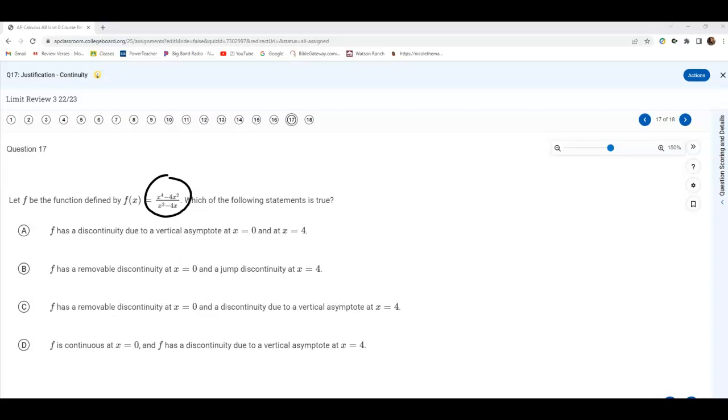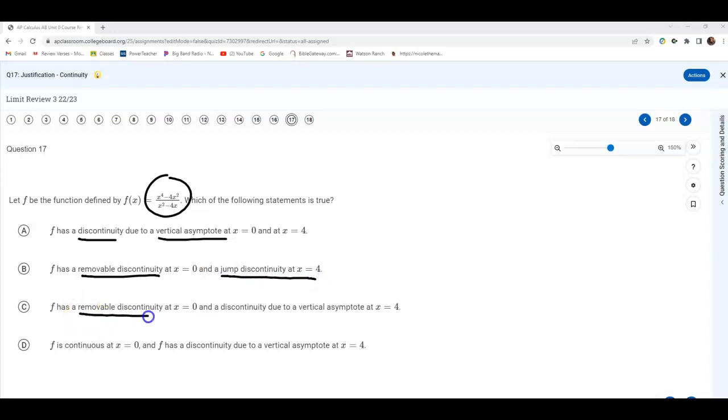Option 1, f has a discontinuity due to a vertical asymptote at x equals 0 and x equals 4. Another option is f has a removable discontinuity at x equals 0 and a jump discontinuity at x equals 4.